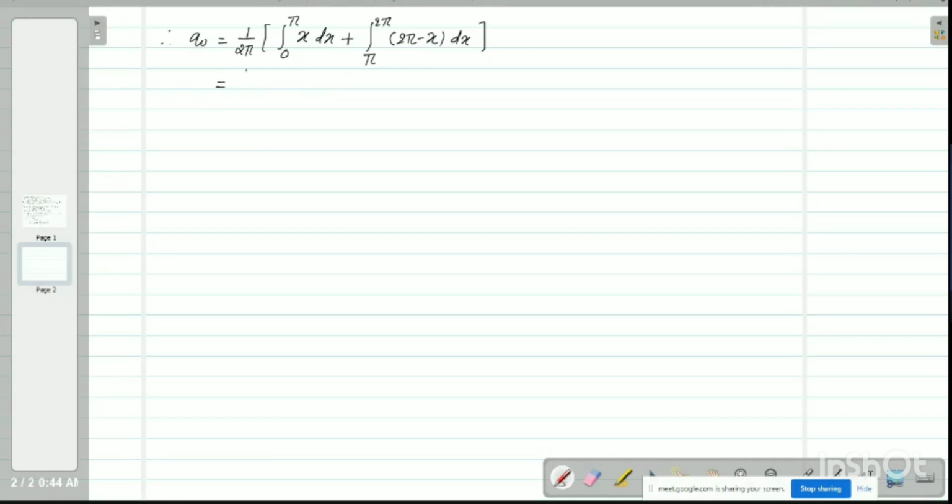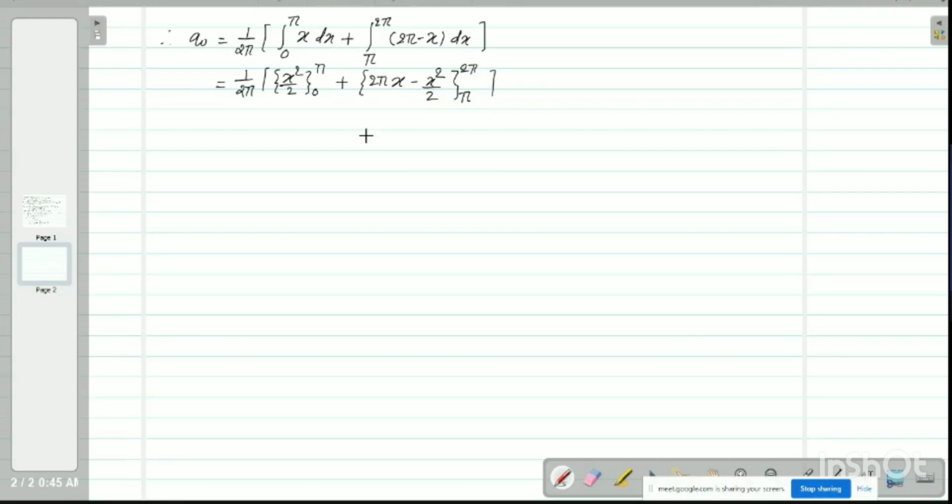So this is equal to 1 upon 2 pi. Integrating this, you will have x square by 2, providing limit 0 to pi, and plus, 2 pi is constant, taking outside, the integration of dx is 2 pi x minus x square by 2, providing limit pi to 2 pi.